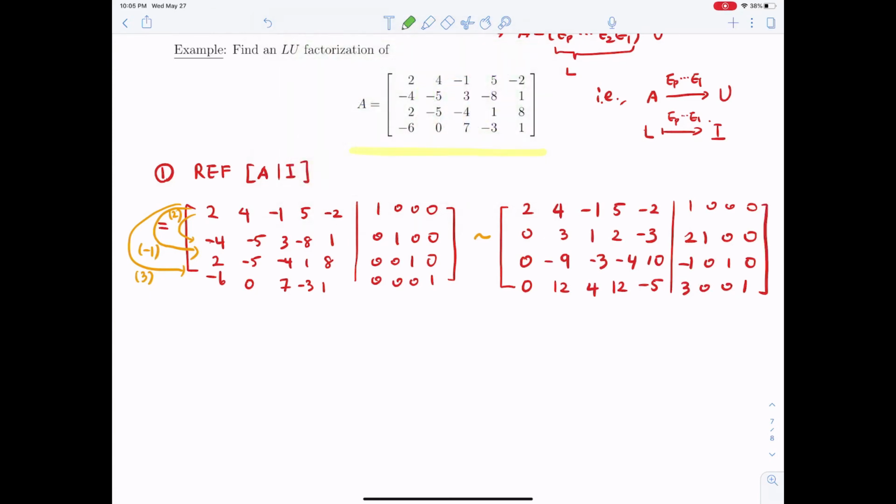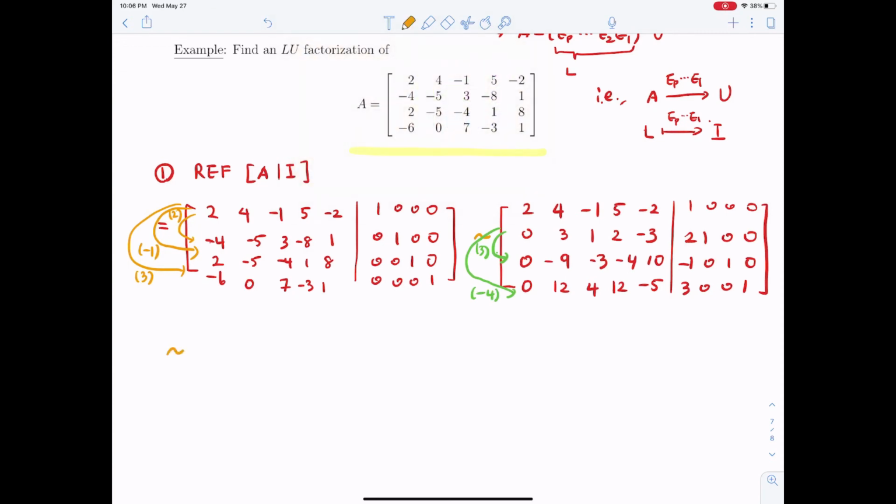And now what you can do is multiply the second row by 3 and add this to the third one, and multiply by -4 and add this to the last row.